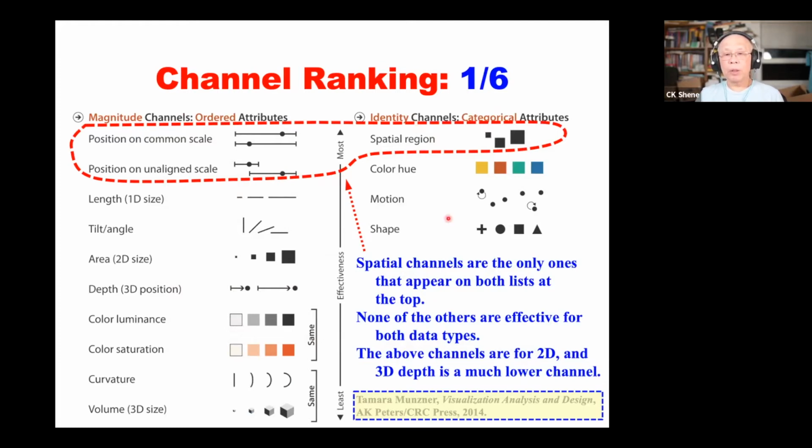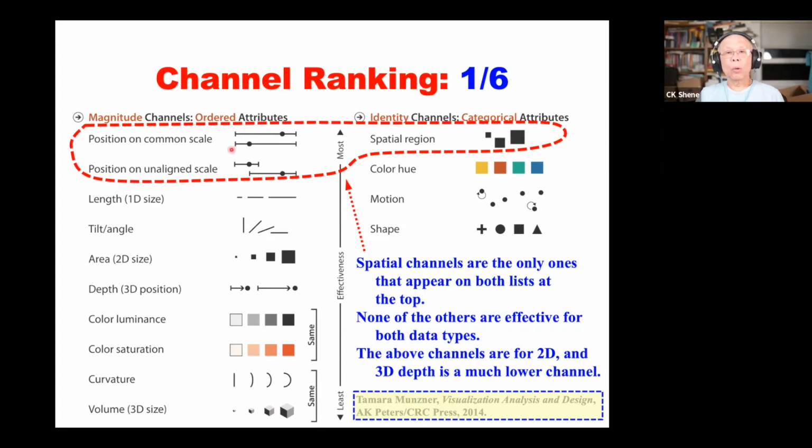This diagram is taken from this textbook. So from top to bottom, these channels are listed from the most effective to the least effective. This list is based on psychological and recognition studies. It's not a random chart.